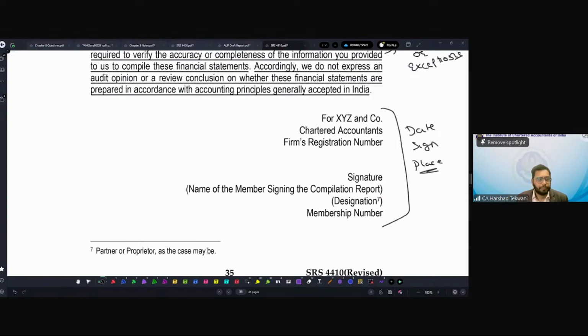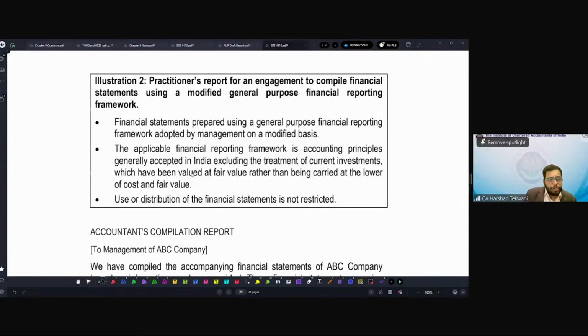See, this one is with respect to a modified general purpose financial reporting framework. So the framework is adopted by management on a modified basis.